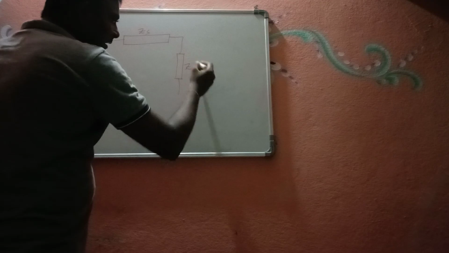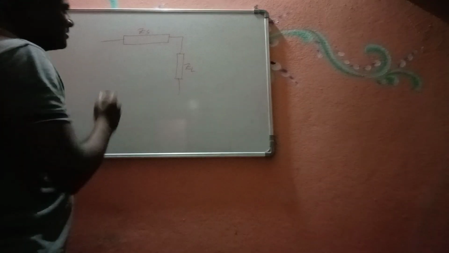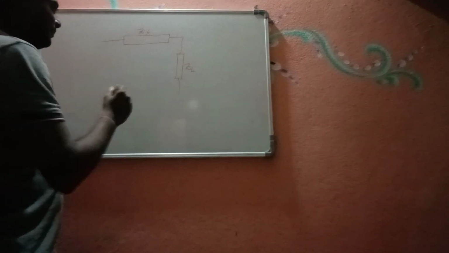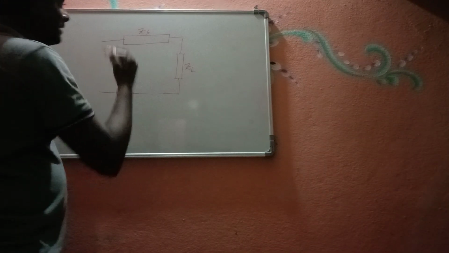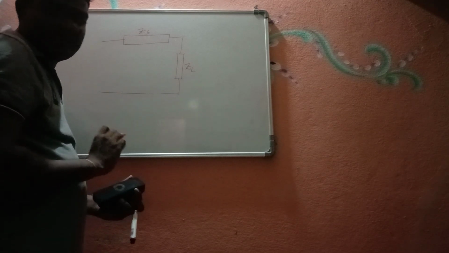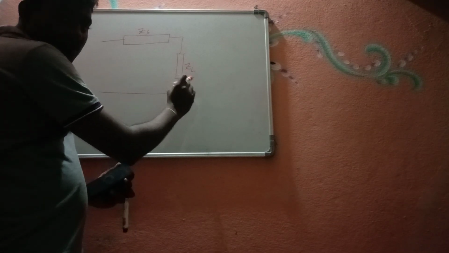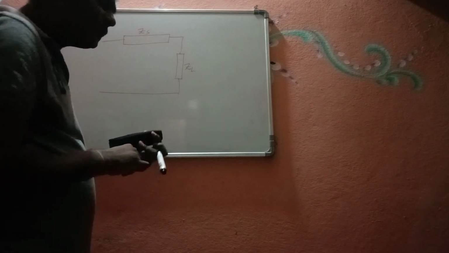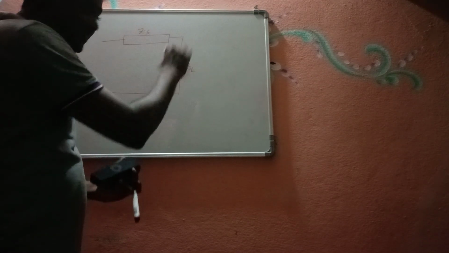Here ZL is the load impedance and ZS is the surge impedance of the line. It is the case where the line is terminated by an impedance whose value is not equal to the surge impedance of the line. Now we can see different situations like this.